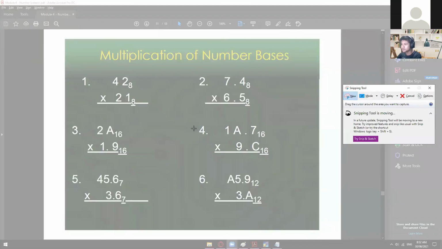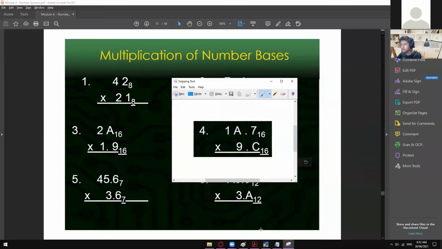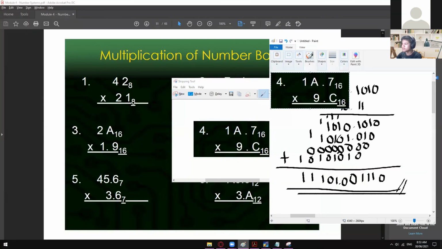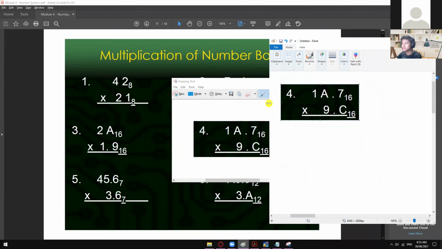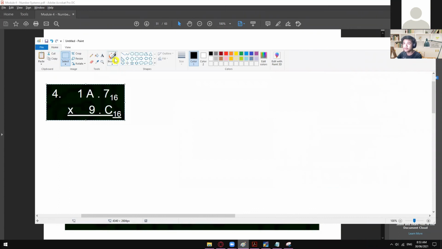Let's answer this one. Okay, so in here, we need to do double conversion. So we have to convert this one into binary, this one also into binary. So let's start with the 7. Again, if it's hexadecimal, we have to group them by 4, every 4 bits.